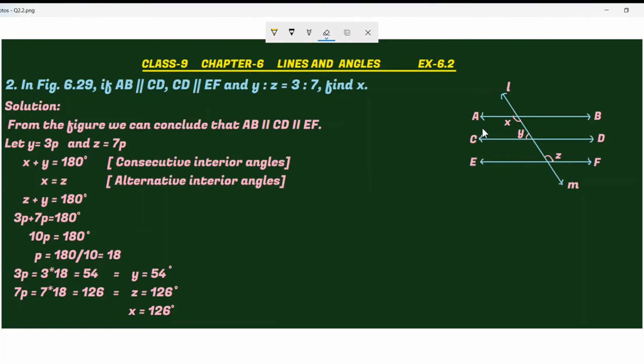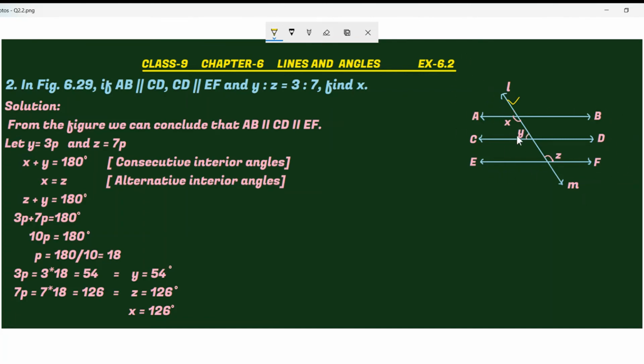Here you can see x and y are two consecutive interior angles. Here they have given one more line LM. If these three lines are parallel to each other and one more line intersects all the lines, then LM is the transversal of AB, CD and EF.